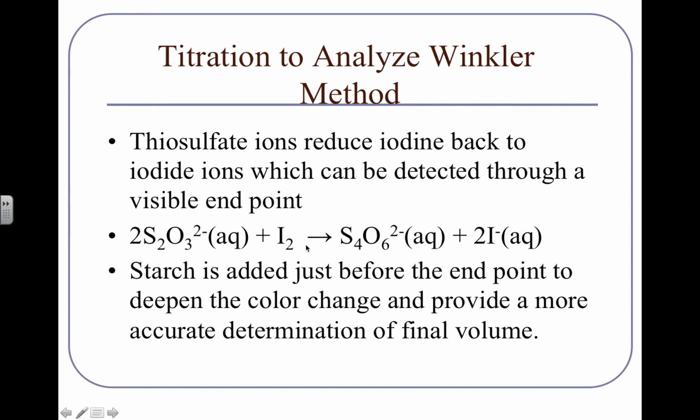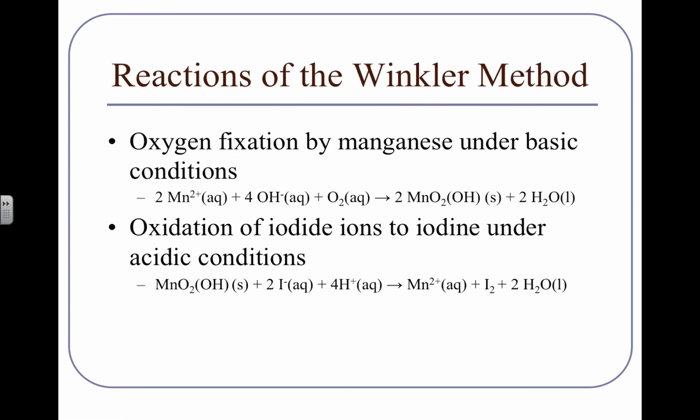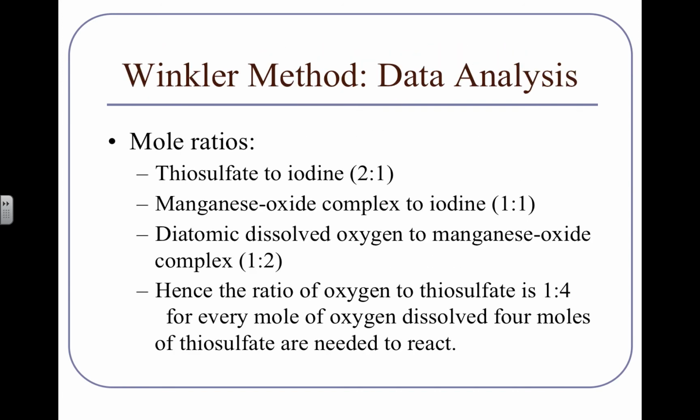But we're wanting to know oxygen. Well, if we work backwards from iodine to this precipitate, that's a 1-to-1 ratio. And from the precipitate to oxygen is a 2-to-1 ratio. So this bottom one is what I would write down. The ratio of oxygen to thiosulfate is 1-to-4, the mole ratio.